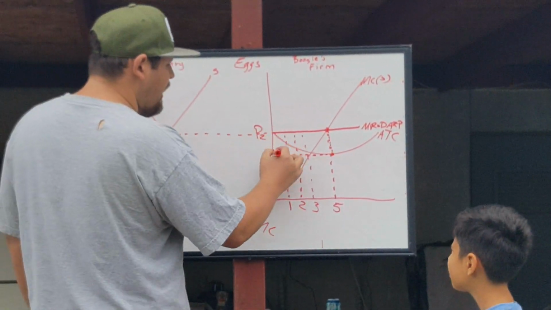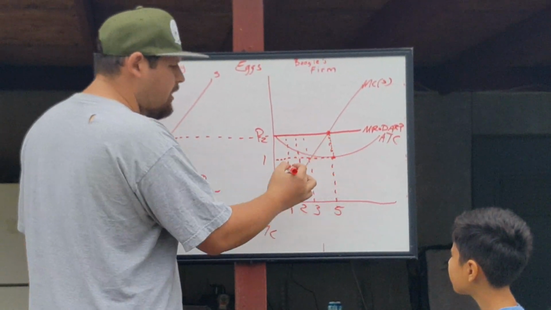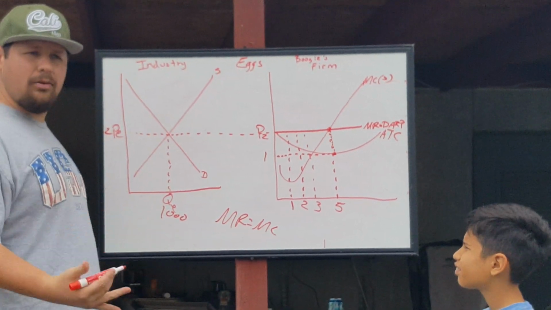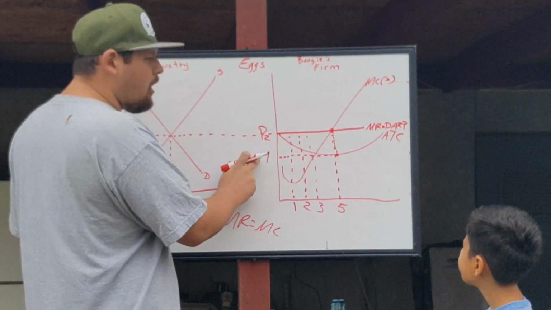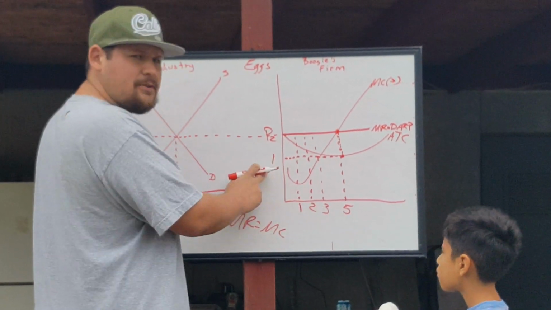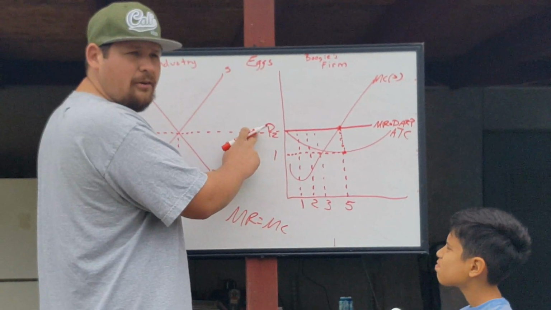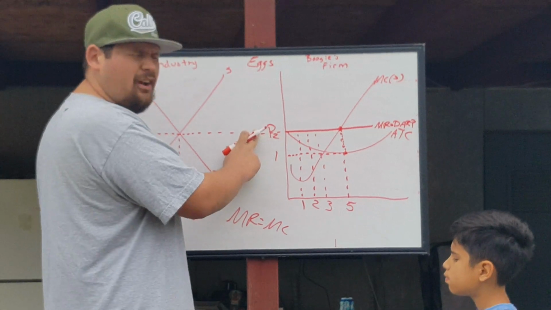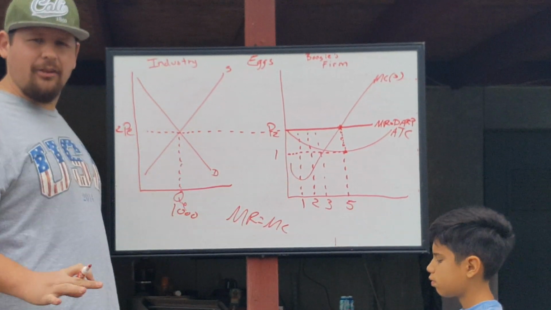So this entire area right here is going to represent Boogie's profit, right? So it's $1 to produce per item, so it's costing him $5 to produce. He's selling them for $2 a piece, right? So he's making $10, so Boogie's profit is $5.